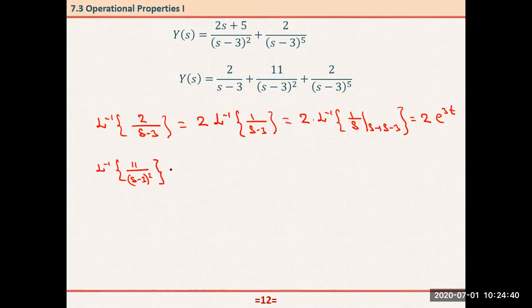Okay, equals, again, it's just a constant number. And now I can write it as inverse Laplace transform of 1 over s squared, where s should be replaced by s minus 3.